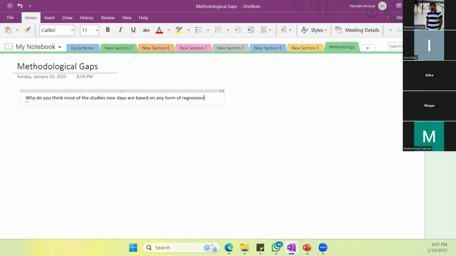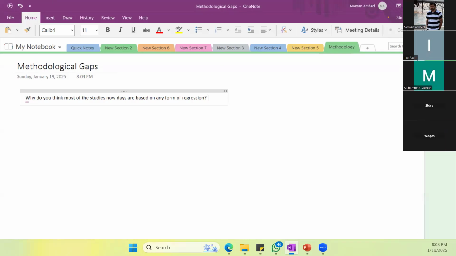Anyone who can give us an idea? If you open the papers nowadays, most of them use a simple regression or an advanced type of regression. Why do you think it's like this? Why do we see so much regression analysis? Anyone who wants to give their view on it?